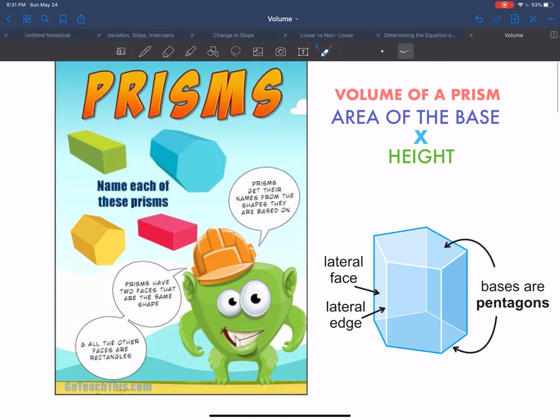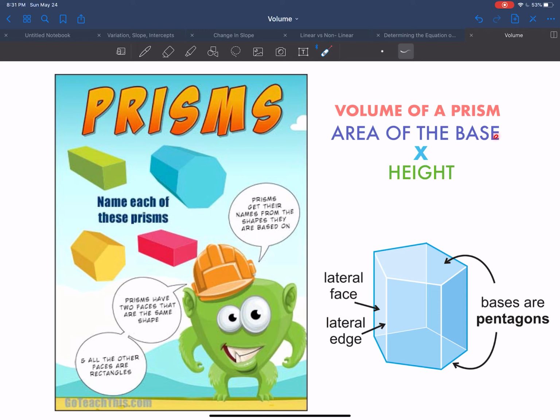And the volume of the prism is the area of the base times the height. So for instance, you would find the area of this square, and you'd multiply by the height of the shape. So the height is the distance between the two bases. It's not always up and down, so it's not how tall something is.